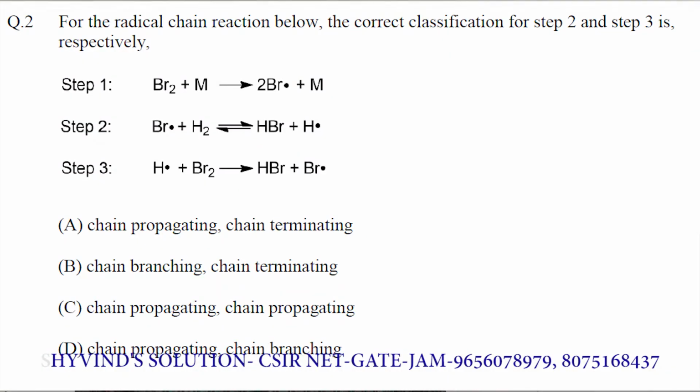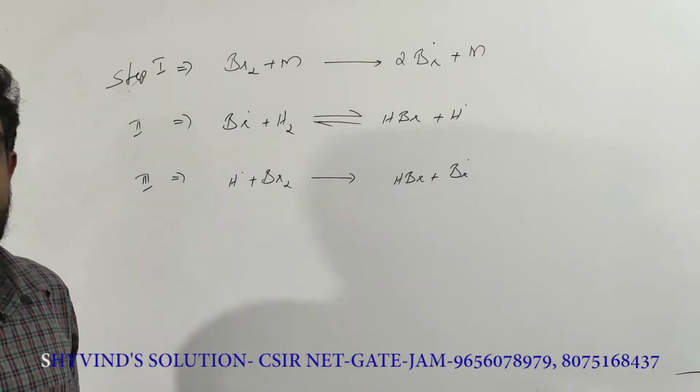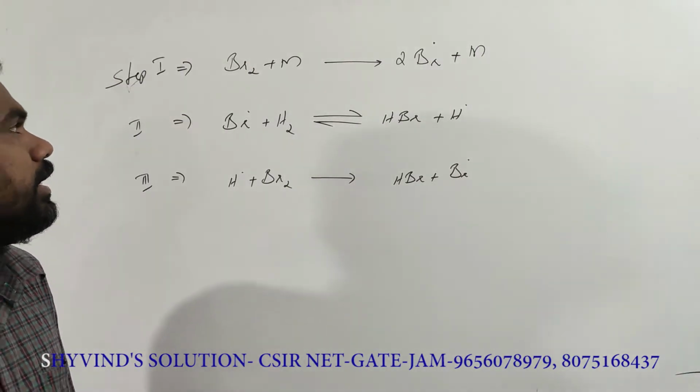Question number 2. For the radical chain reaction below, the correct classification of step 2 and 3 is, respectively. So these are the steps given in the question. You can see the first step.